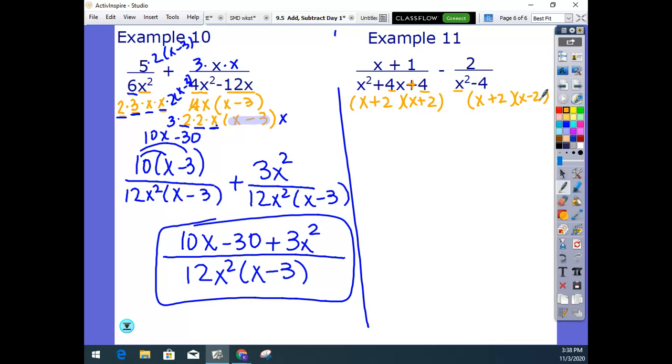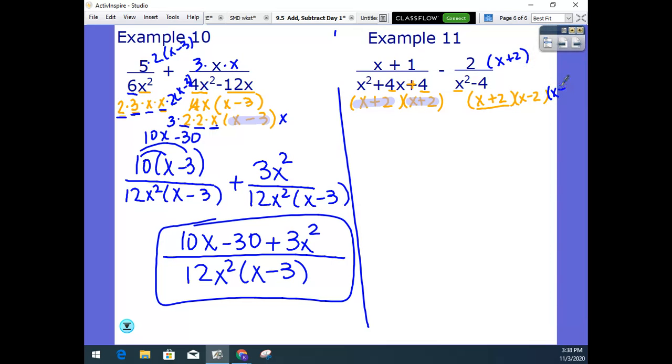All right, what is important here, this has 2 x plus 2's. This one only has 1. So I have to multiply top and bottom of this one by an extra x plus 2. This side has an x minus 2, so I need to multiply top and bottom here by x minus 2. So my common denominator is x plus 2, x plus 2, x minus 2.